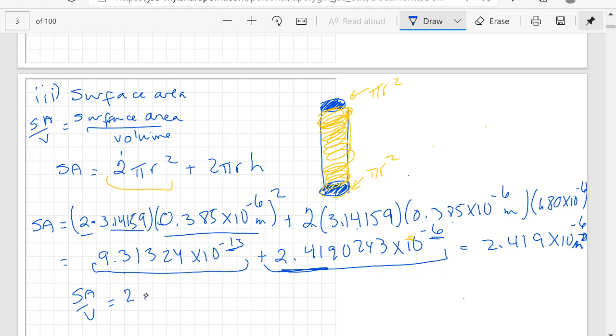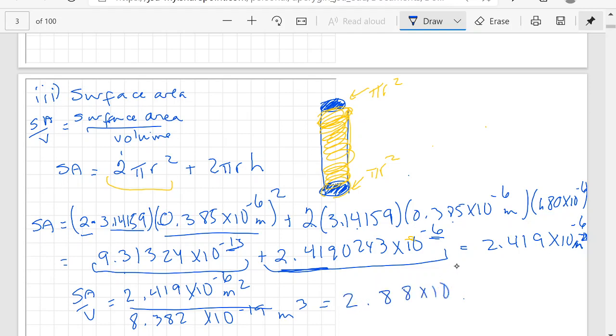Okay, and so that is 2.419 times 10 to the minus 6 meters squared divided by 8.382 times 10 to the minus 19 meters cubed, and that should give you 2.88 times 10 to the 12th meters to the minus 1. Okay, so that should complete this particular problem in your end of chapter problems. I'm not sure which one it will be for you, but you will have different numbers, so best of luck.